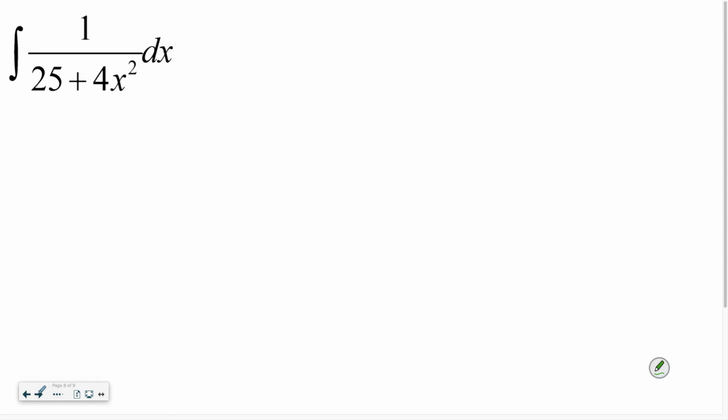Okay, this integral is modeled like which one? Oh yeah, it's this thing, the second one. Now, here's what I want you to be careful of.